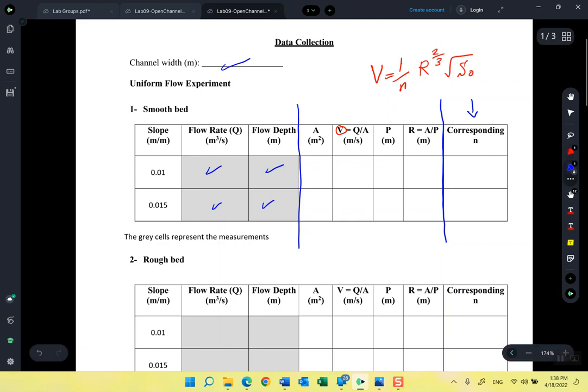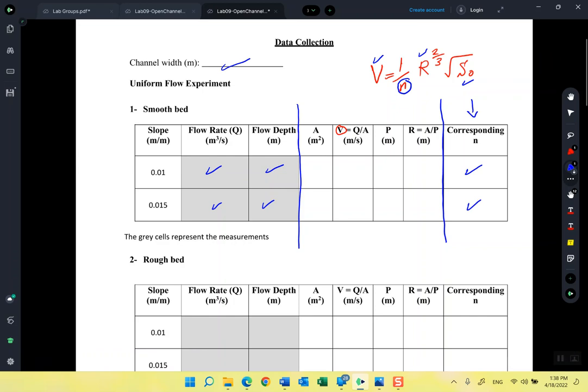So at this point, you actually know everything in this equation except n, right? Because you have calculated the velocity, you have calculated the R, and S naught is already given. You can easily get the Manning coefficient for the first experiment and for the second one.